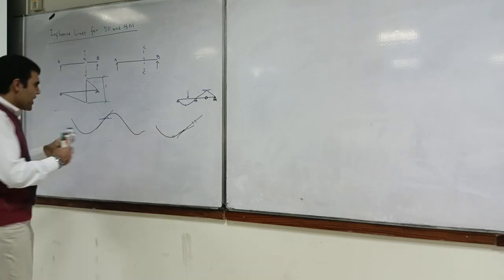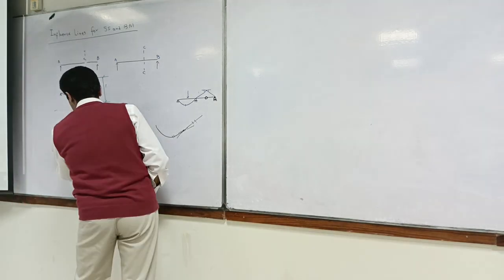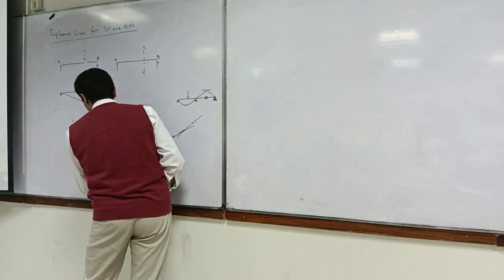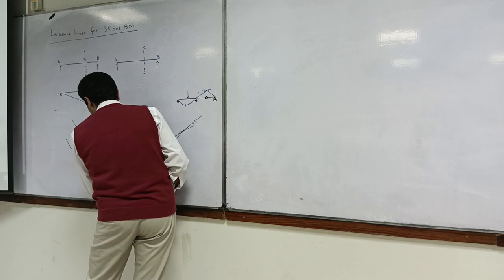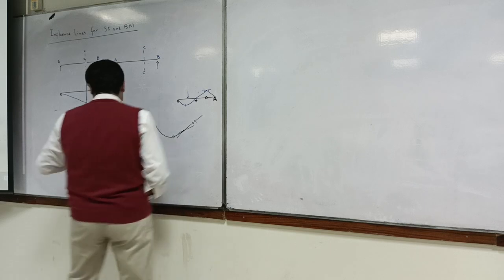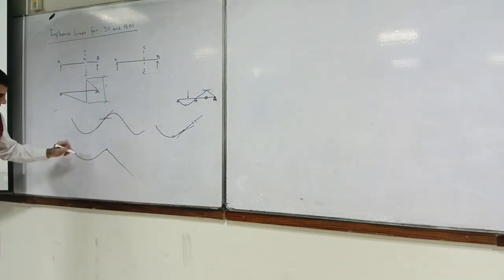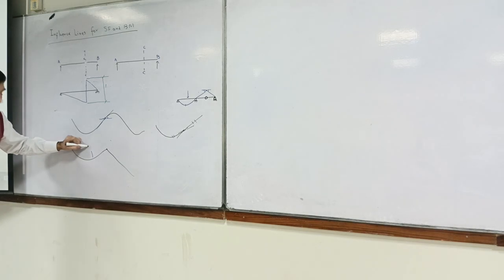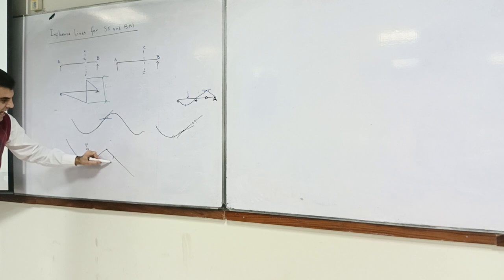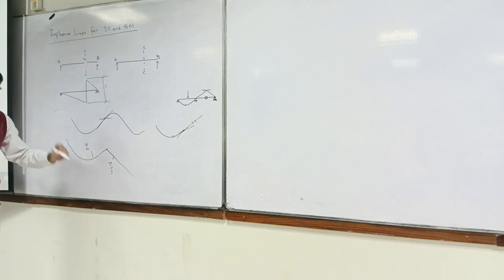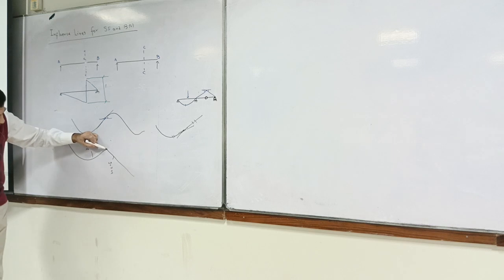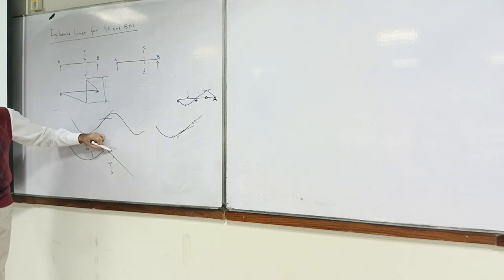But what happens if I have the same curve, and at this location I draw another line like this? This is a cubic curve. Imagine y is equal to x cube, and this is another line, y is equal to x plus c, something like that. So now at this point I would have one angle, and at this point I would have another angle.